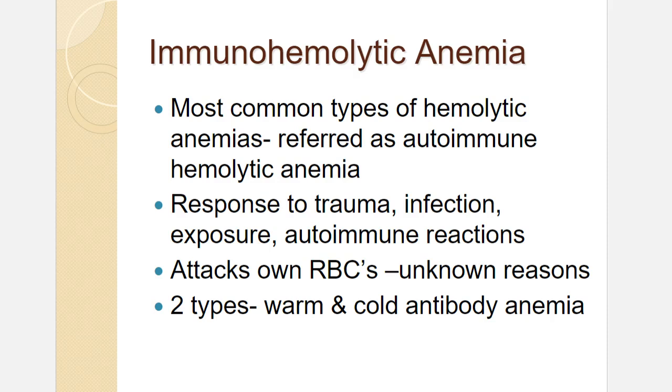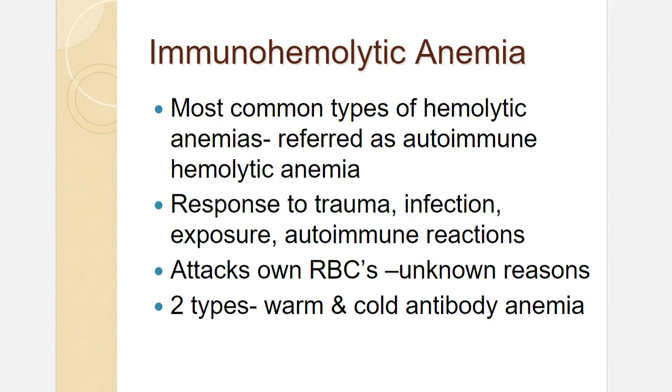The red blood cells are viewed as non-self by the immune system, and they attack them and try to destroy them. And with this particular type of anemia, there are two types: the warm antibody anemias and the cold antibody anemias.